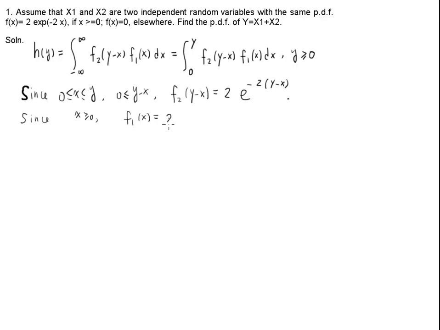So we have twice e to the negative 2 and y is no longer y, it's just going to be x over here. All right, so this is going to be negative 2x. Let me erase this part. So over here, we simply should have negative 2x.